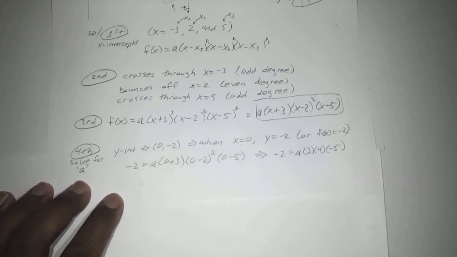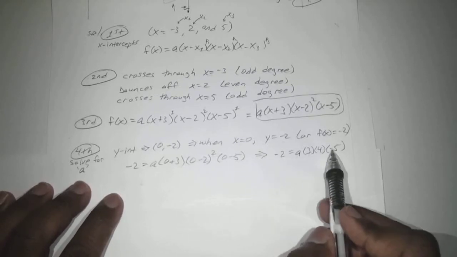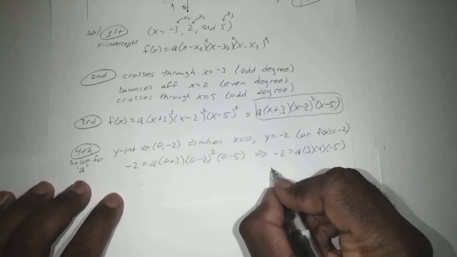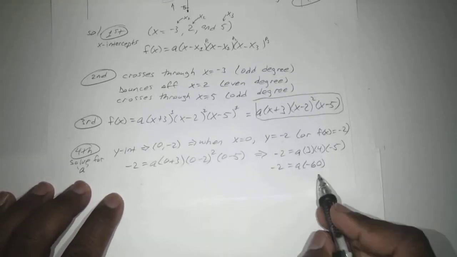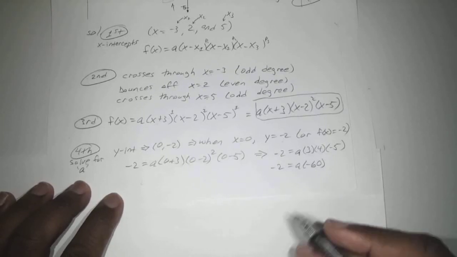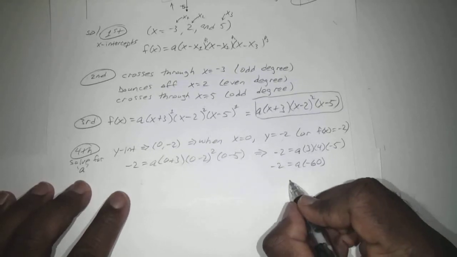Oh, that should be, yep, that's positive 3. Okay, so that gives us 12 times negative 5 is negative 60. So negative 2 equals a times negative 60. Divide both sides by negative 60. You get a equals 1 over 30.